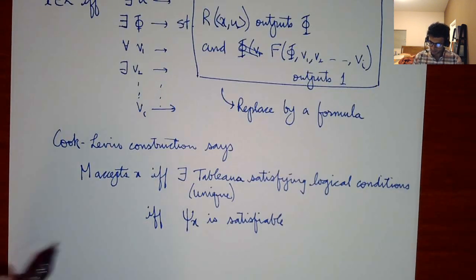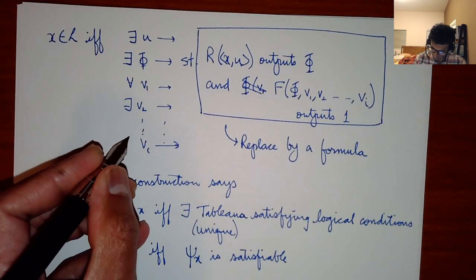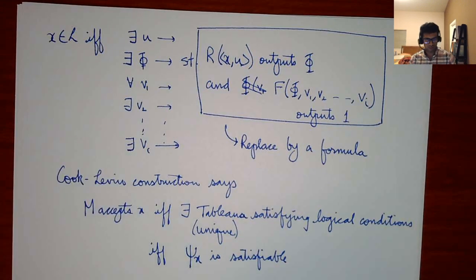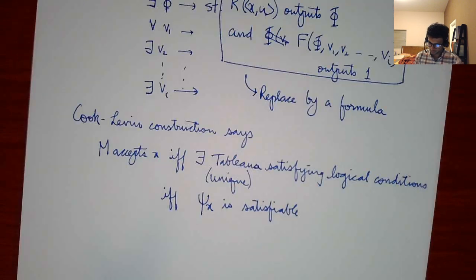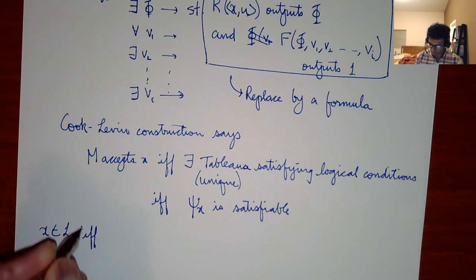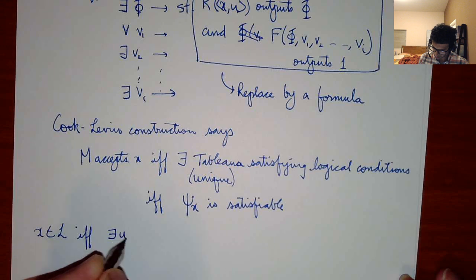So for simplicity, let me just assume that i was even, and so the last one was that there exists. This is just for convenience, and you can actually get rid of this assumption. So we'll just say that X is in L if and only if there exists a U and a phi.